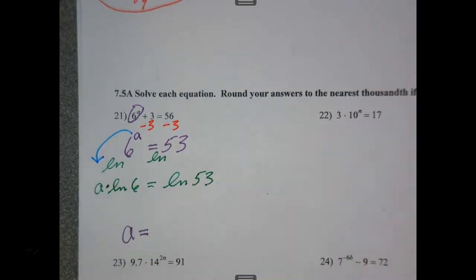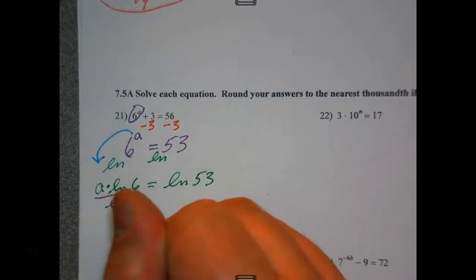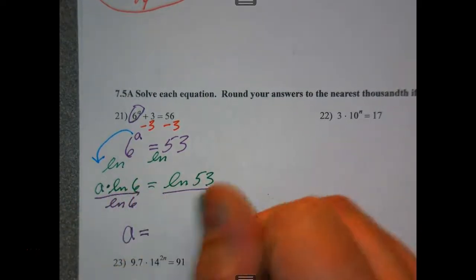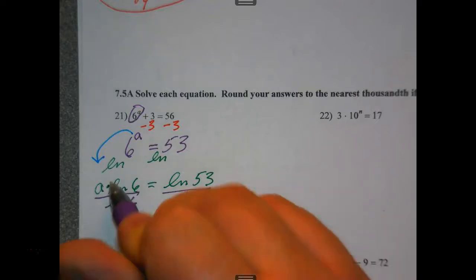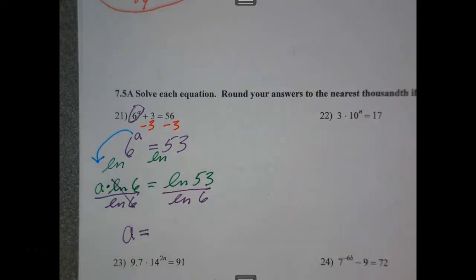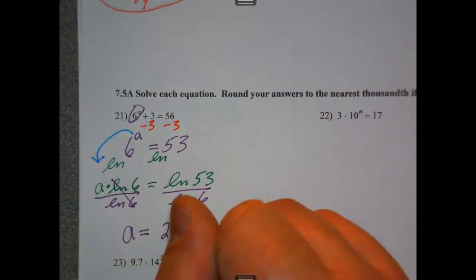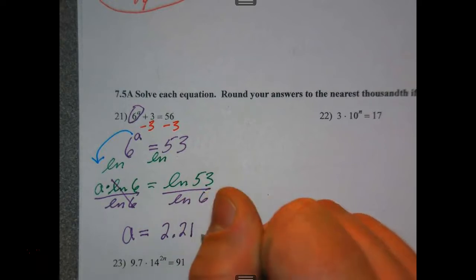Now I can divide by ln of 6. It's my a by itself. What is ln of 53 divided by ln of 6? 2.21. I need one more decimal place.